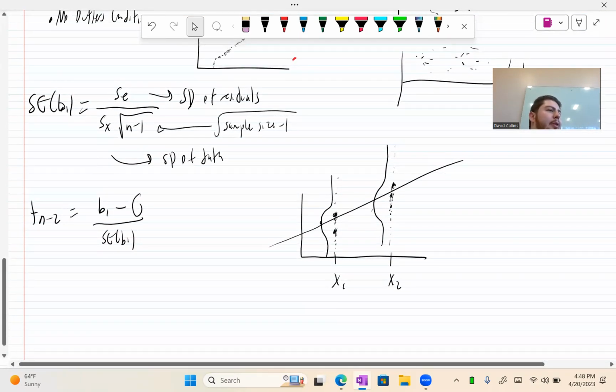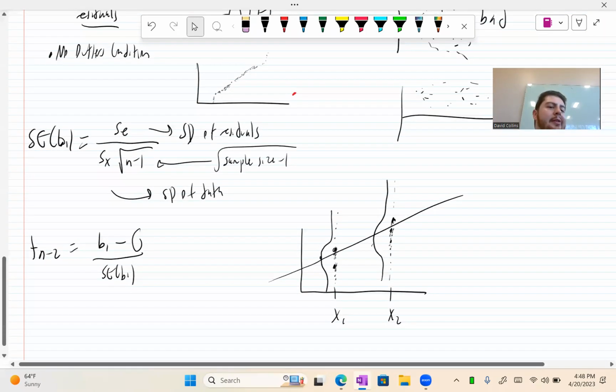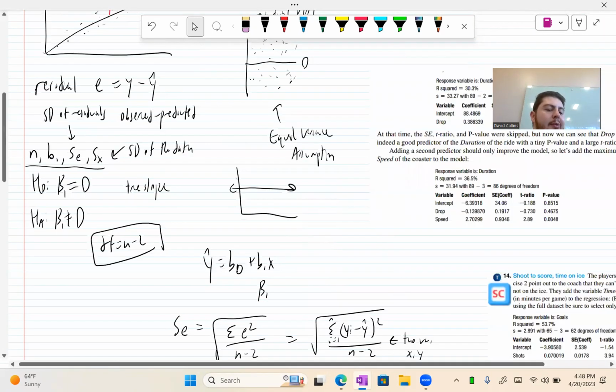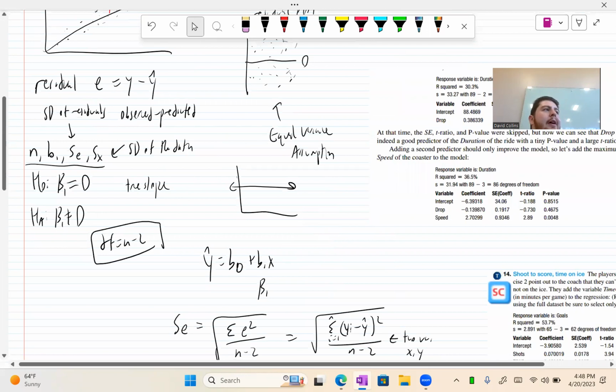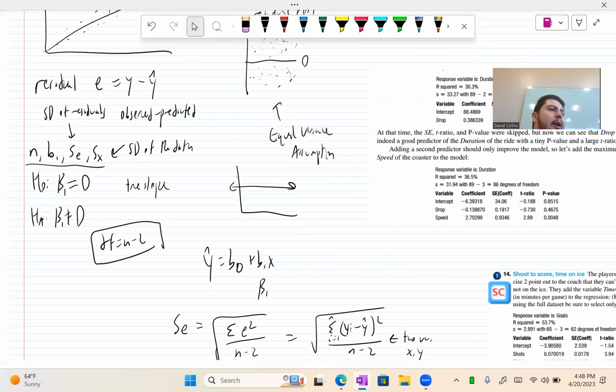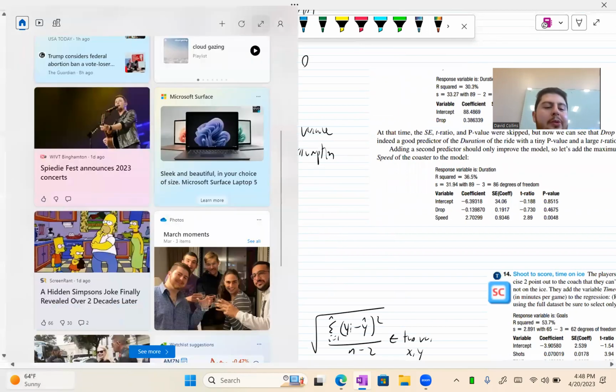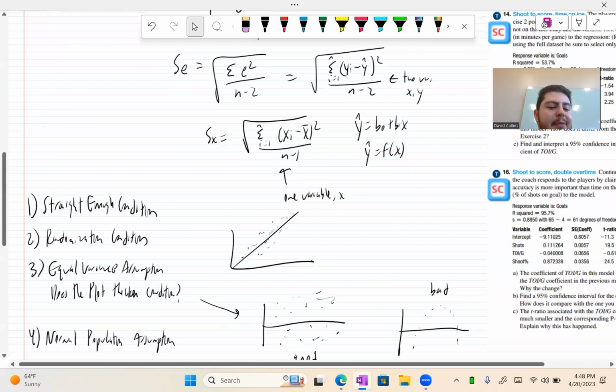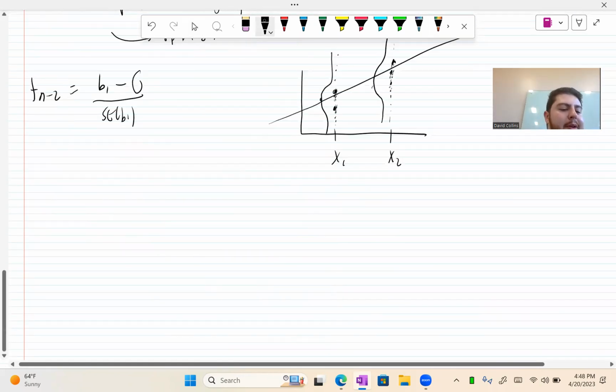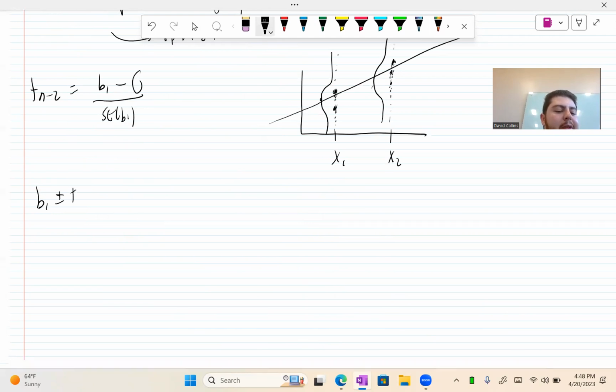Now, the big thing that this hypothesis test is lacking is, let's say you reject the null hypothesis. The next question is, okay, is our slope positive? Is it negative? So we use confidence intervals for that. The confidence interval formula is your sample slope plus minus t critical with n minus 2 degrees of freedom times your standard error.